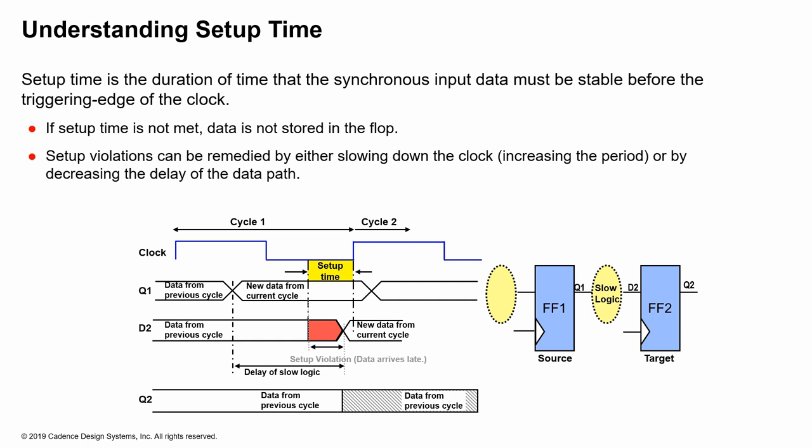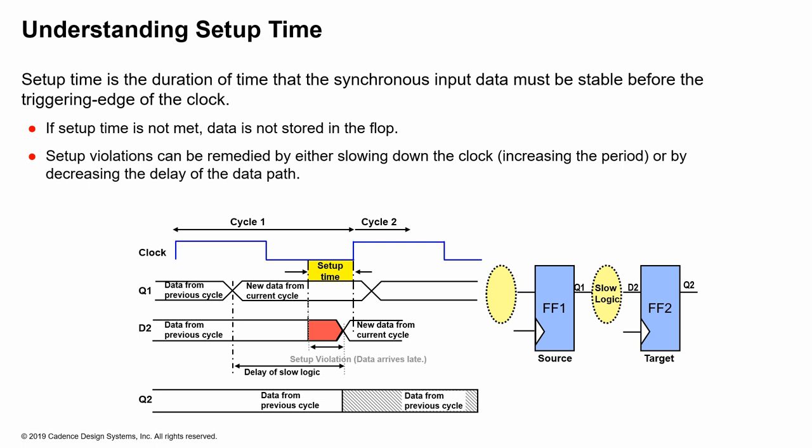You have different signals here. Q1 is shown, and the Q1 data takes some time through the slow logic to arrive at D2.